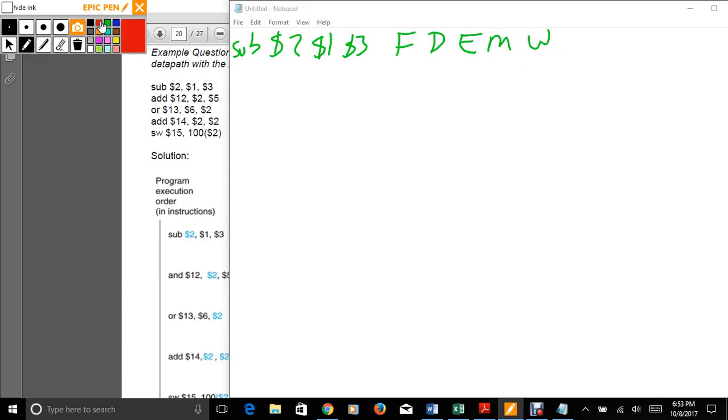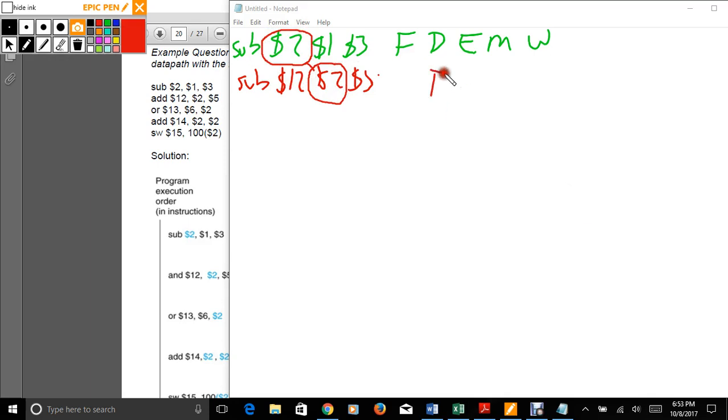Now, what's going to happen is you got sub 12, 2, and 5. So the result sent out from the execution stage of 2 is going to be different than the value we're getting here. So you're going to want to circle this one and make this value here.